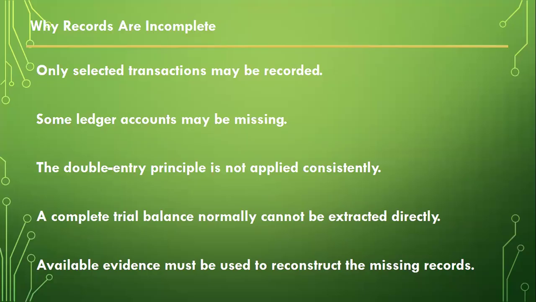I always tell you not to bother yourself about it. But there are some rare occasions that you only need to find your way around it. In a situation whereby you have some missing ledgers, you don't have any other choice than to use the principle of incomplete record.